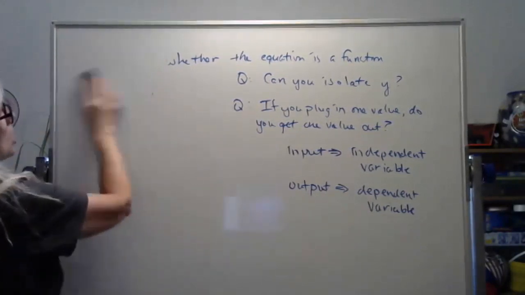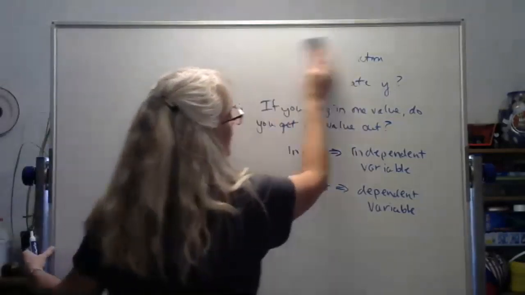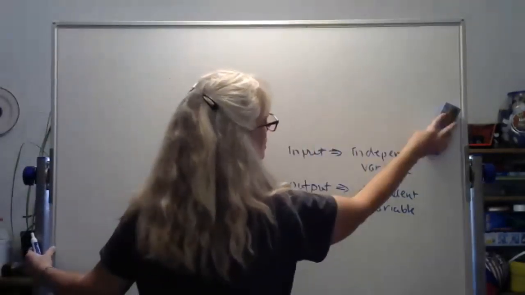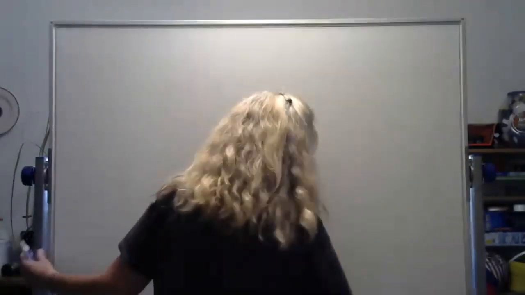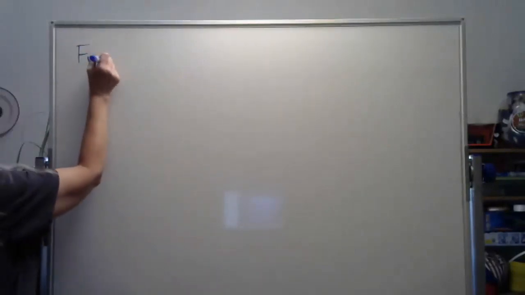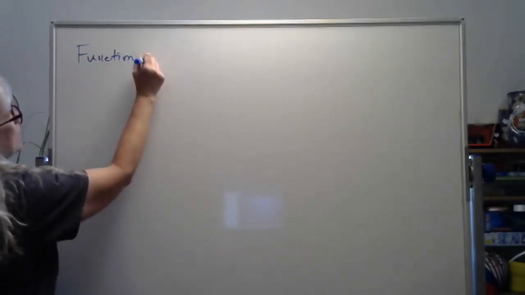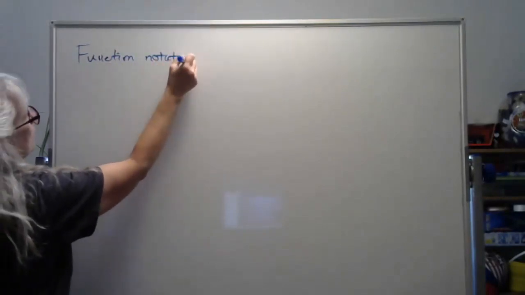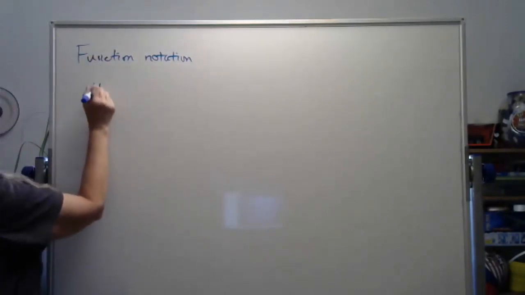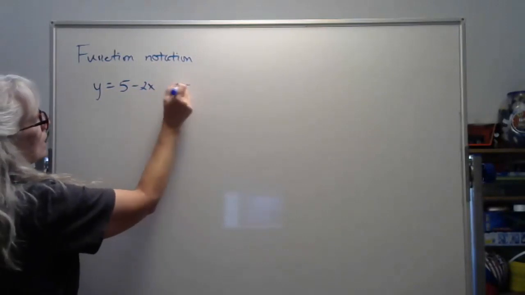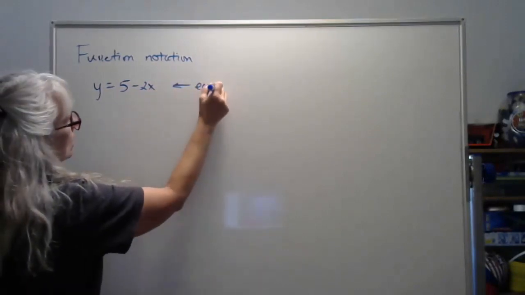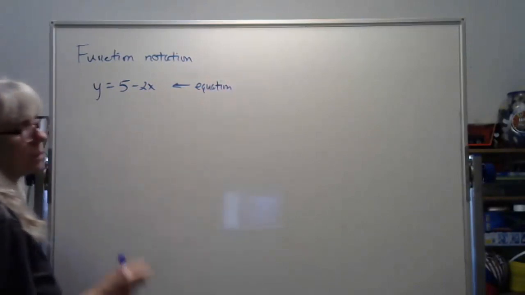So mathematicians a long time ago decided that if we have this special kind of relation that's called a function, then we ought to give it its own notation so that everybody knows that it's different. So we have something called function notation. And again, I think you've seen this. It's just a matter of reminding you. So we just had y equal to 5 minus 2x. This is written as an equation. It is a function, but it's written as an equation.